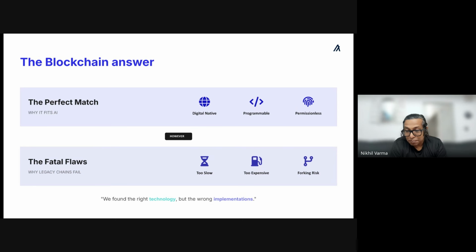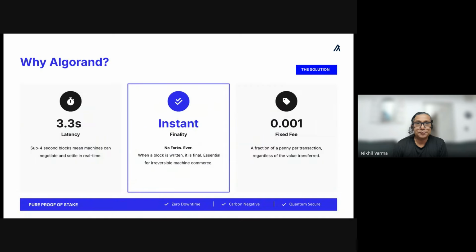The blockchain is the perfect answer because it is digital native, and it is able to solve all that plumbing problem that we see when it comes to how we do all these fast transactions, to provide that infrastructure for agents to be able to do transactions. Next slide, please.